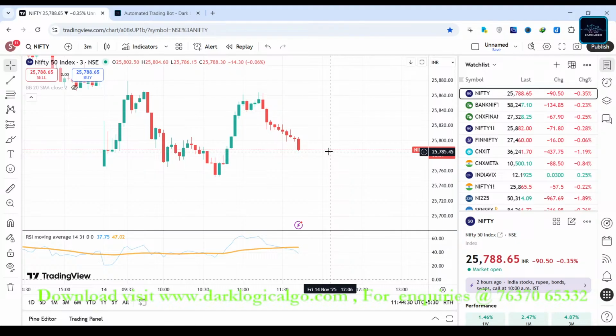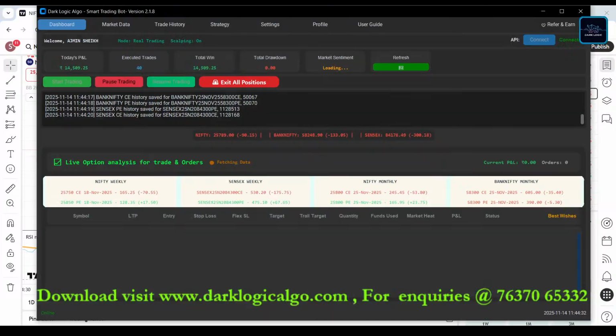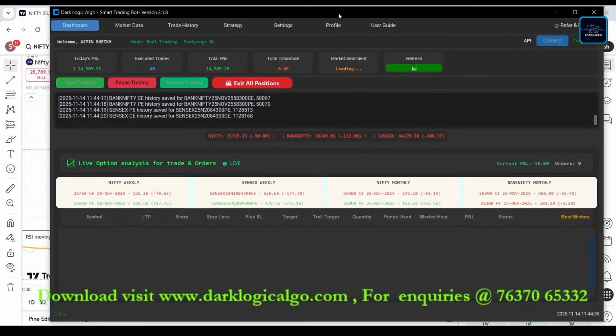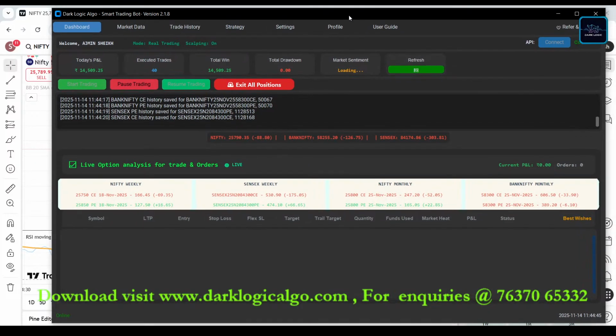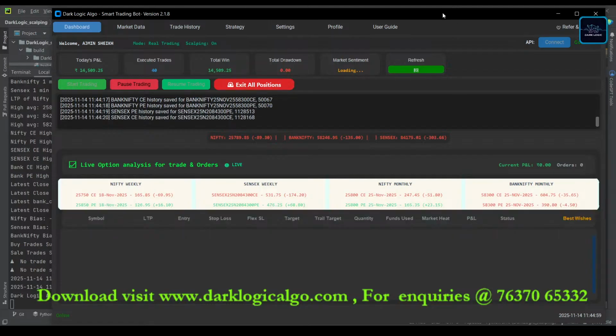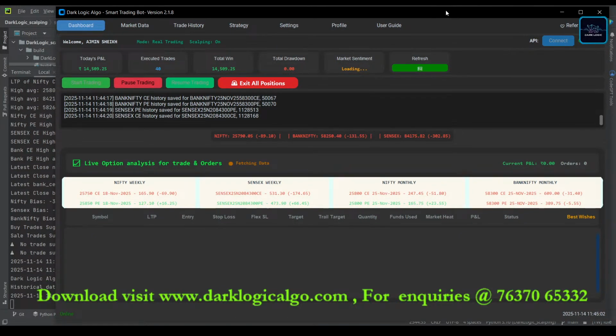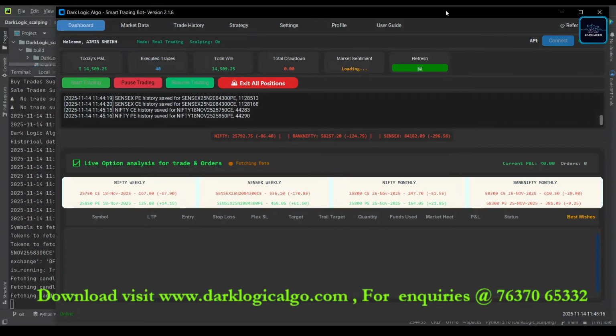So there is a good downward momentum. You don't have to do anything.